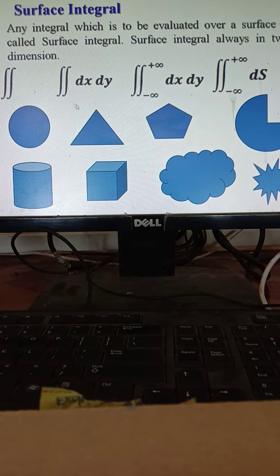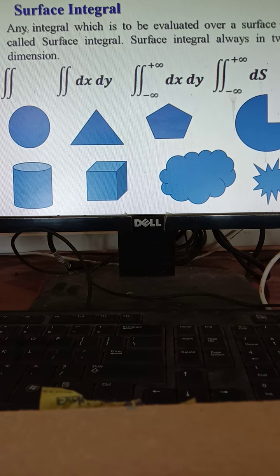We can consider any geometrical shape of surface, so the surface integral is always in two dimensions. Why? Because most of the upper part or surface part we can represent in a two-dimensional way. We can take any geometry: a circle, equilateral triangle, pentagon, any cylindrical uppermost part, a cube, or any rigid surface, and we can evaluate the double integral.